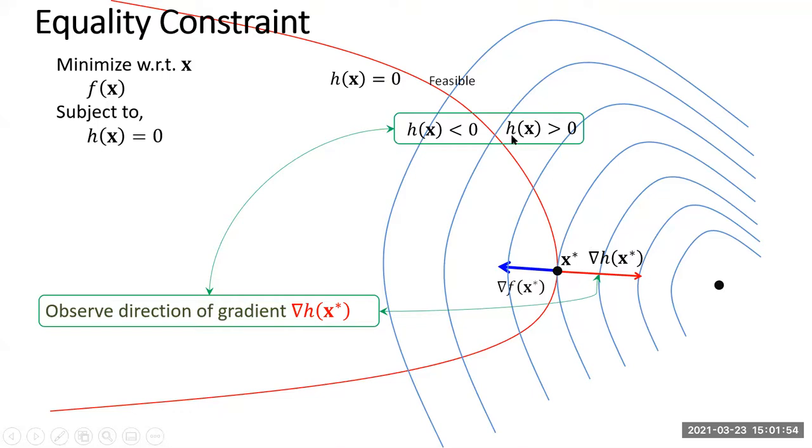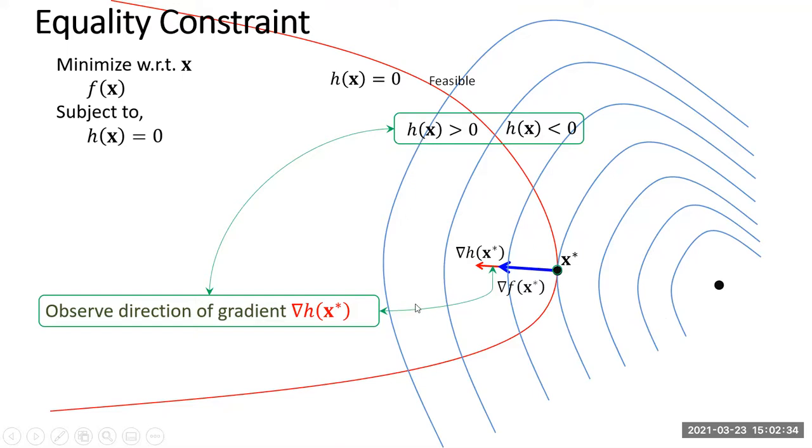Why? Because look here, h of x is greater than 0 here, let's assume, and h of x is less than 0 here. And since del h will point in the direction of maximum increase, it will be orthogonal to this feasible region, and it will be pointing in this direction because it's increasing here, right? It's positive on this side. On the other hand, if I swap the greater than and less than, in this case del h of x is pointing in this direction of increasing h.